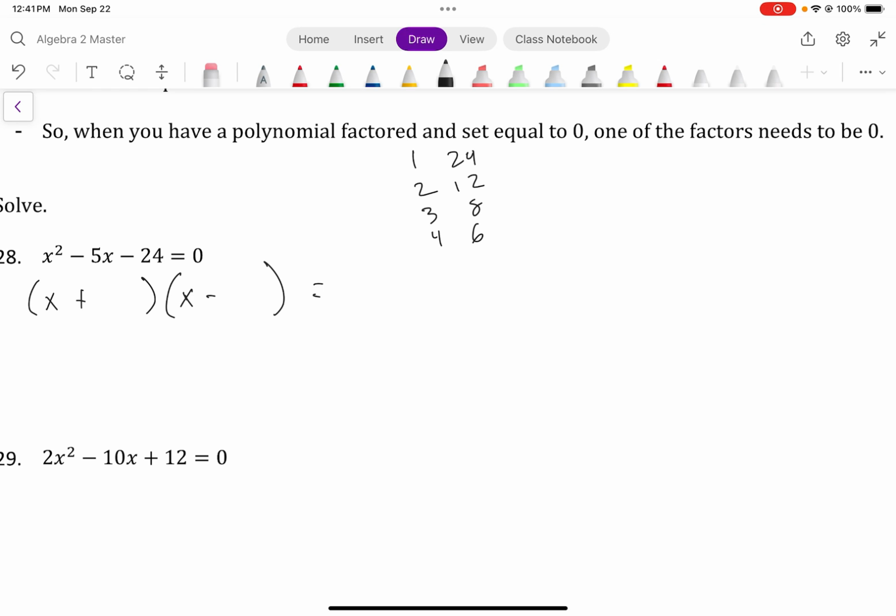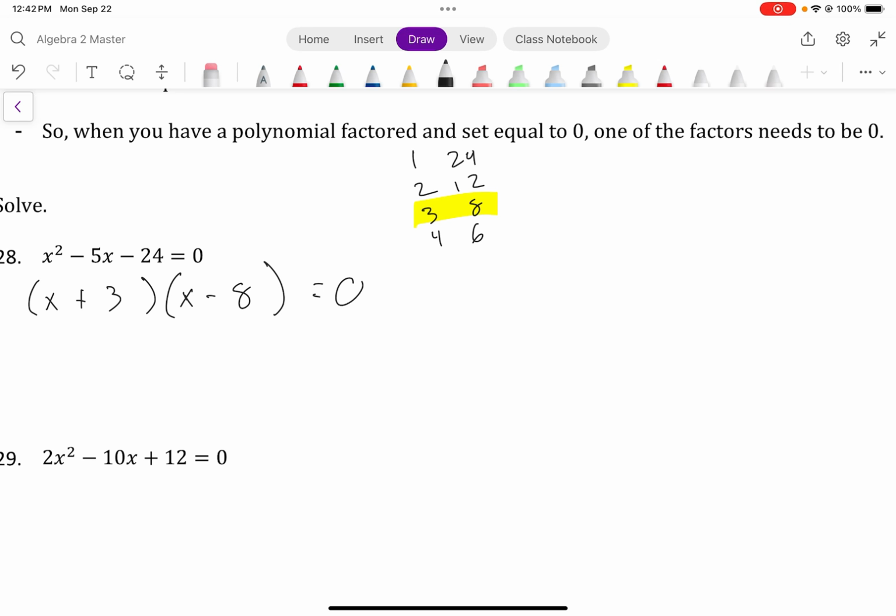It's going to be one of those groups. But because we have the minus 5x, I have to pick the factor group that has a difference of 5, which is this one. So I'm going to put a plus 3 and minus 8, specifically so that when I do my FOIL process, I get a negative 8x for the outside plus 3x on the inside to get that negative 5x in my standard form.